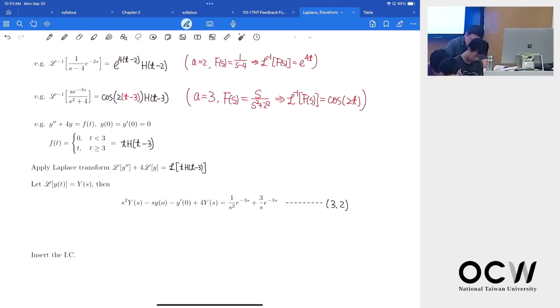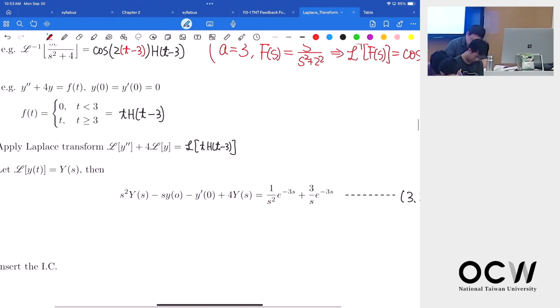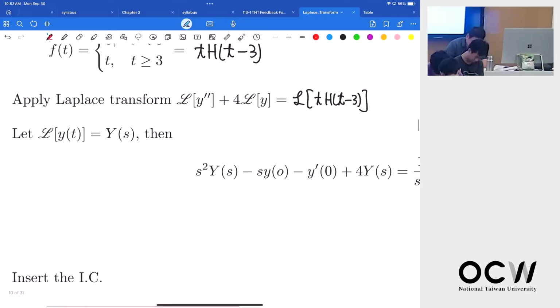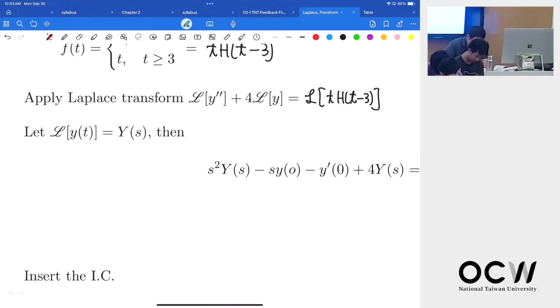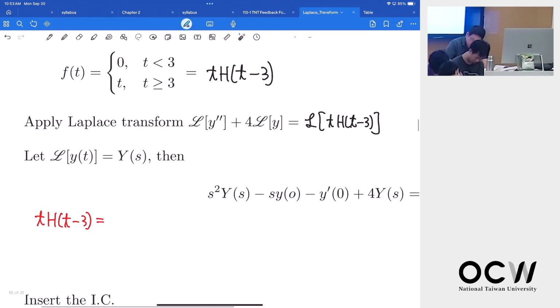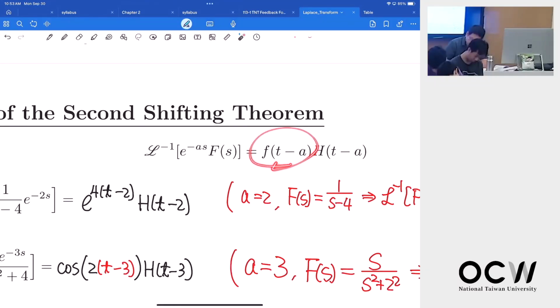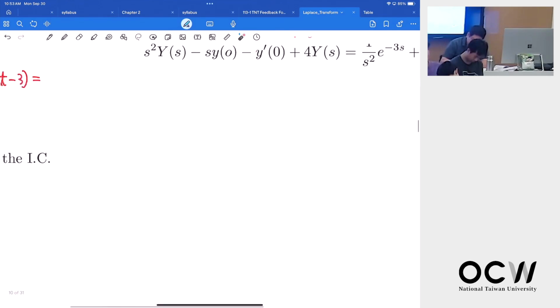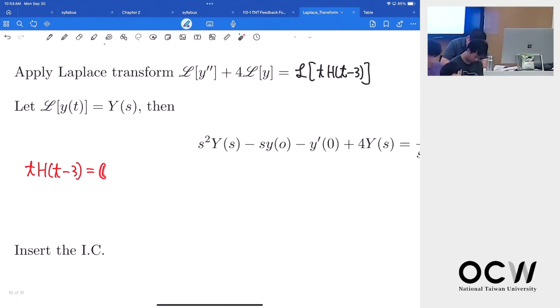Now I need to deal with the Laplace transform of t times the shifted Heaviside function. First, we need to rearrange this function f, t times h(t minus 3). I want to have the same shift in the Heaviside function and also in my original function. So suppose t becomes t minus 3.